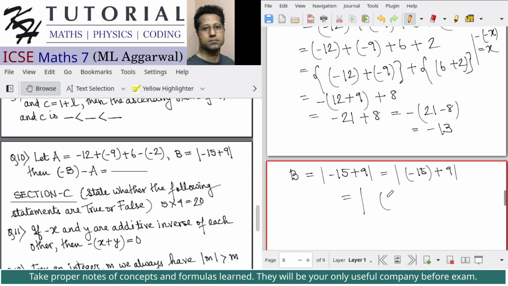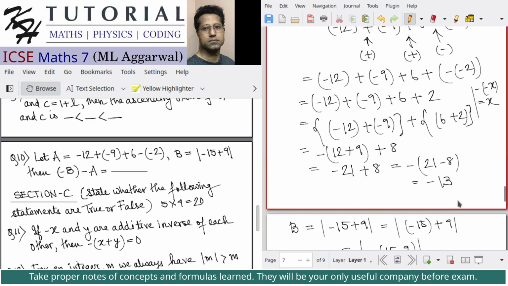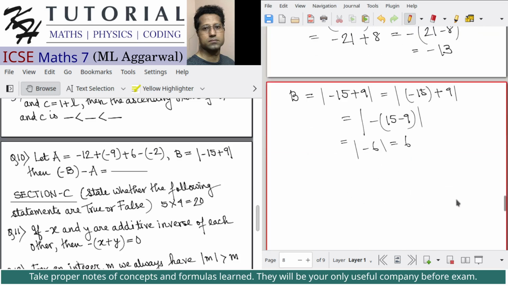So it will be 15 minus 9 with a negative sign, because minus 15 is numerically greater. So this is absolute value of minus 6, which is equal to 6. So the value of B is 6 and the value of A is minus 13.